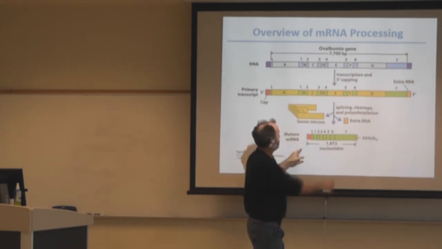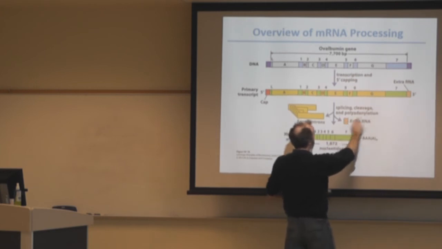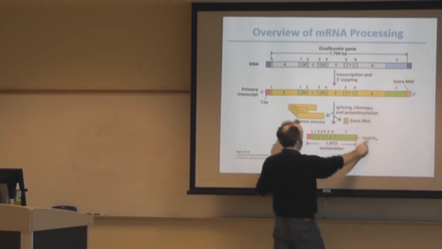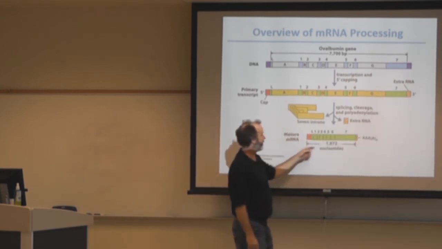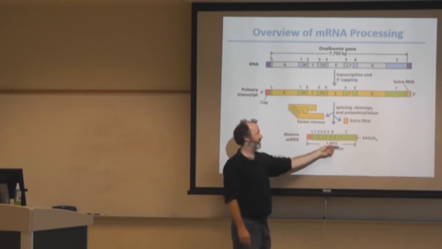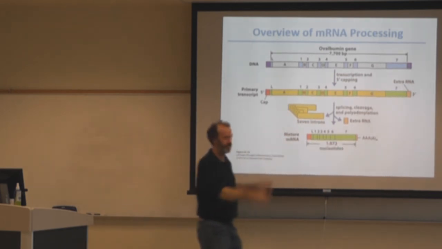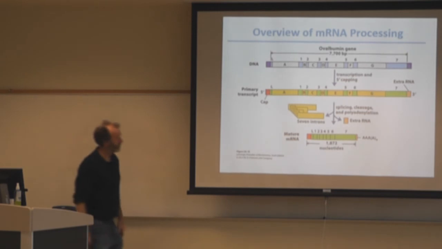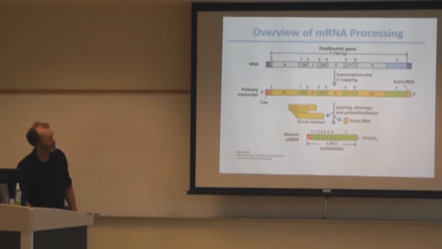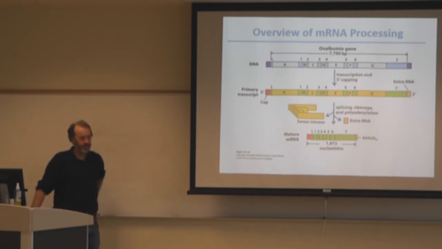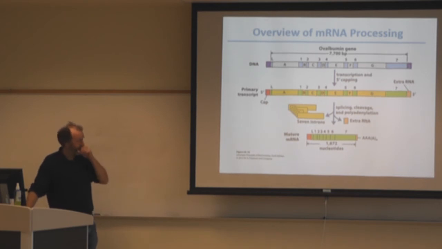And eventually the extra RNA at the end is cleaved out, and we end up with a poly A tail and about 2,000 nucleotides, 1,872 nucleotides in that messenger RNA. So, a total loss of almost 6,000, not quite 6,000 base pairs. Bit interesting.